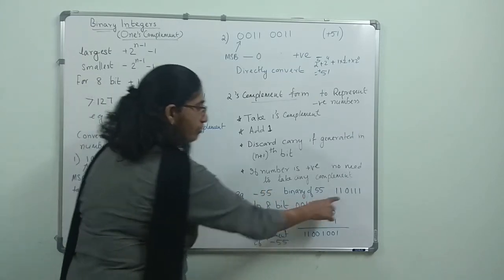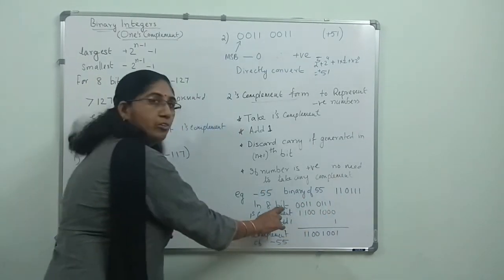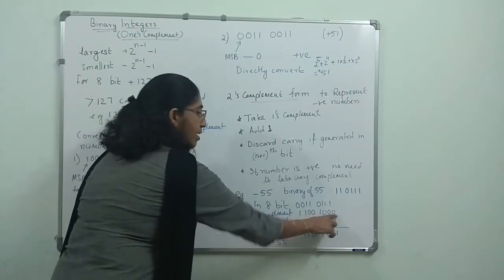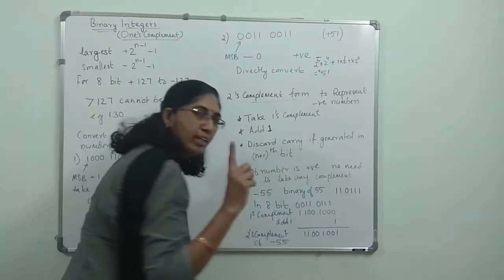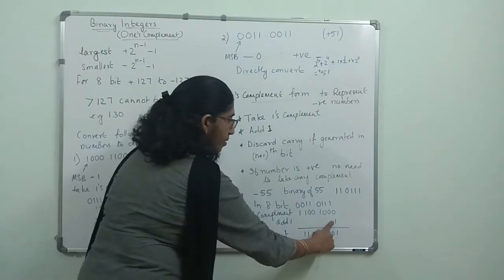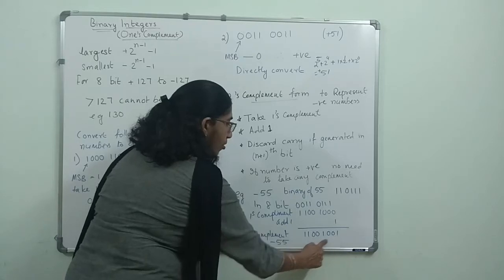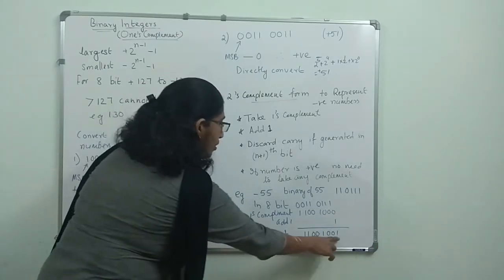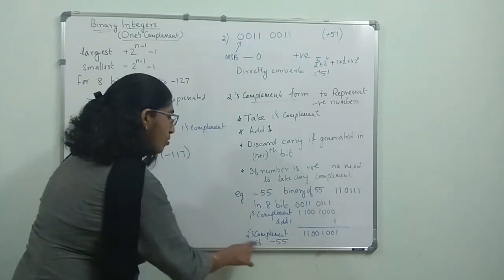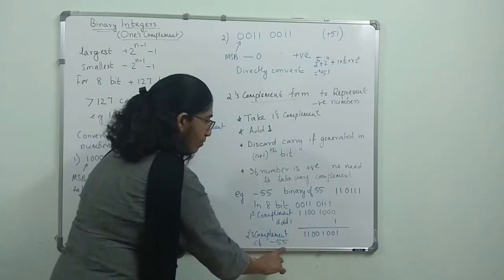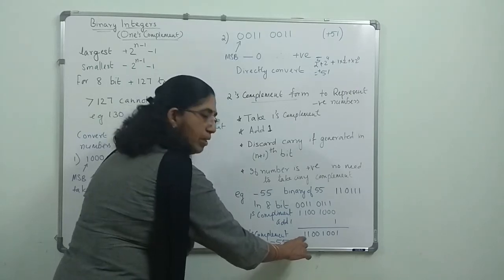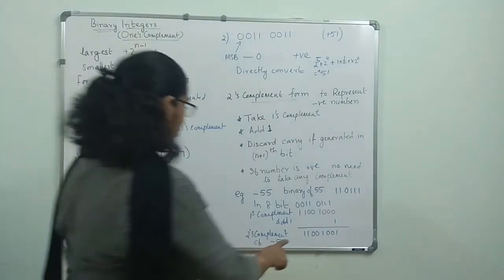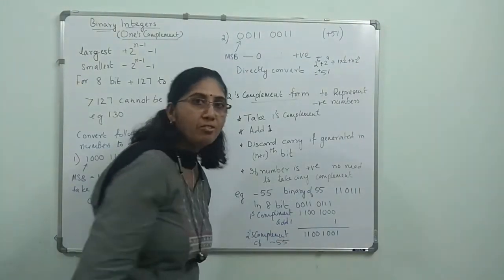Binary for 55 you find, change it into the 8-bit format, take the 1's complement, and then simply add 1. In this place you get 1. The others remain the same because no carry is there. So what you get here is the 2's complement representation of minus 55. You can again see the first bit is 1. 1 is always indicating the negative number. So this is the 2's complement representation of minus 55.